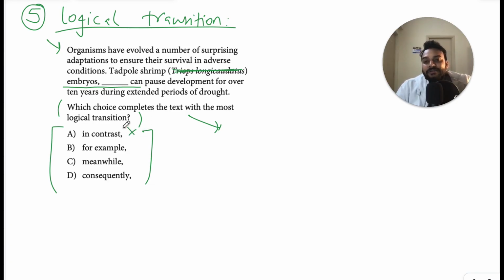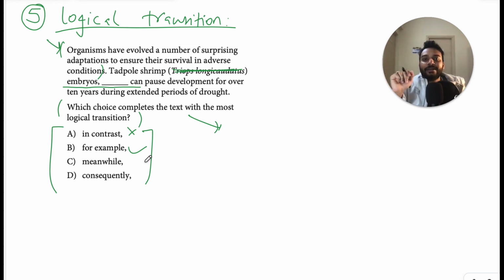In contrast represents something entirely different from what is being said. Tadpole shrimp embryos, for example, that's a correct one. They're actually trying to build up on what the author originally said. Tadpole shrimp embryos, meanwhile. Meanwhile, this word is not used for direct connection of this kind.